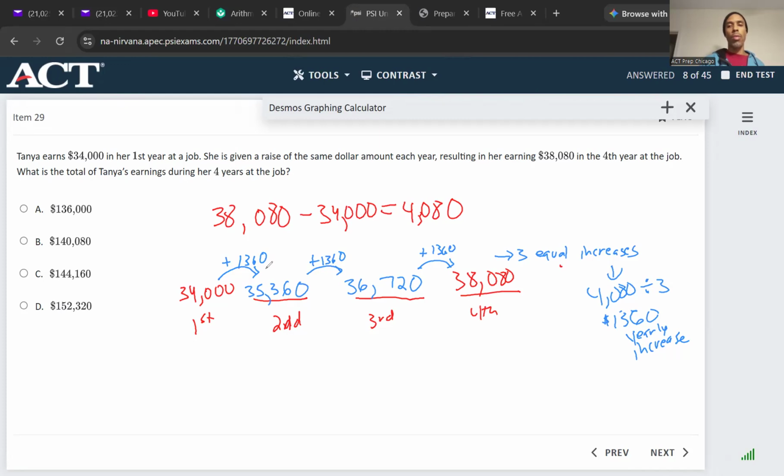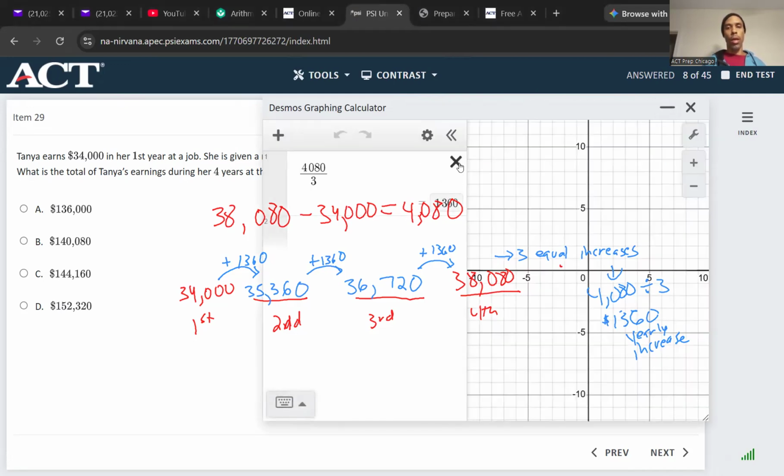All right, and now we just simply what? What is the total of her earnings in her 4 years at the job? Then you just add these numbers up. Okay, so I like how I can see it.